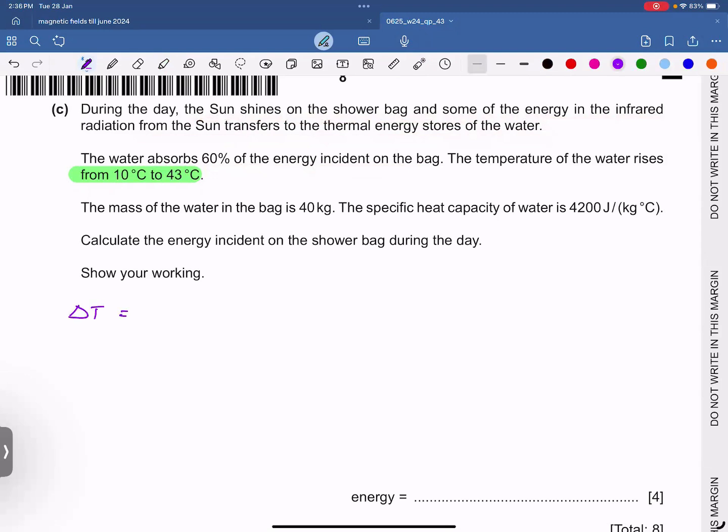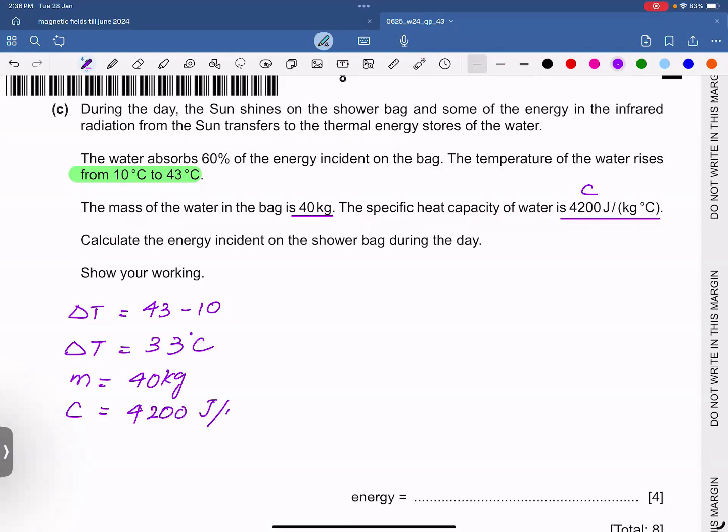So delta T is 43 minus 10, which is 33 degrees Celsius. Okay, let's keep reading. Now they say the mass is this, take it out. Mass, we have 40 kilograms. Keep reading the question. Specific heat capacity is a lowercase c. Take it out. It is 4,200 joules per kg degree Celsius.